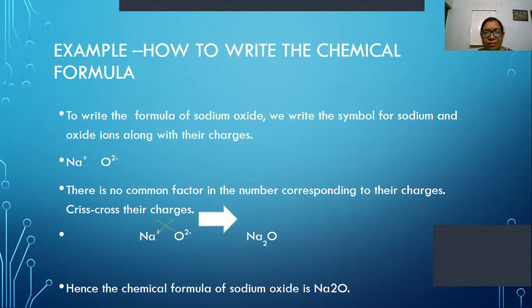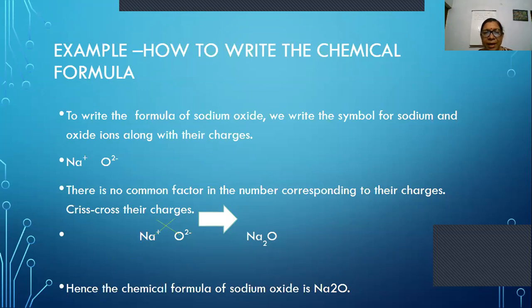If there is some common factor, then we cancel the factor and take the simple ratio. Now crisscross their charges: Na+ 1 and O2- 2, that means exchange of their charge numbers as subscripts.